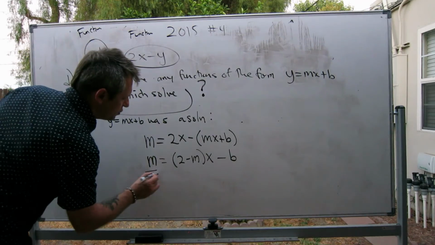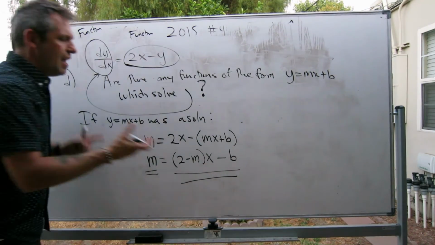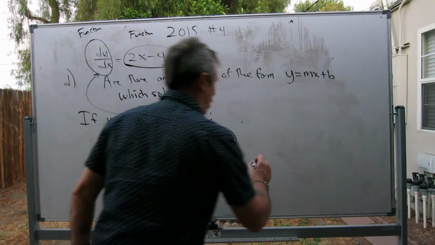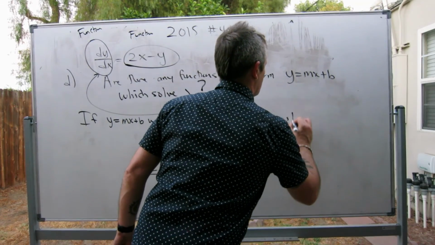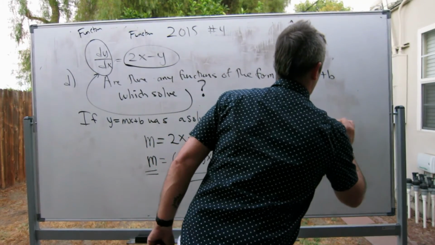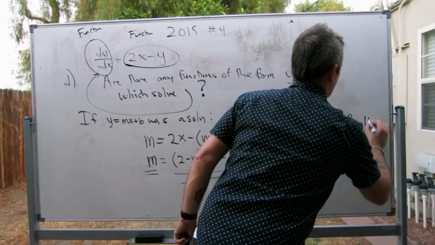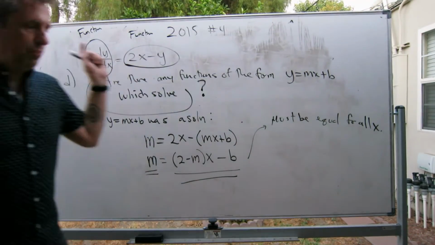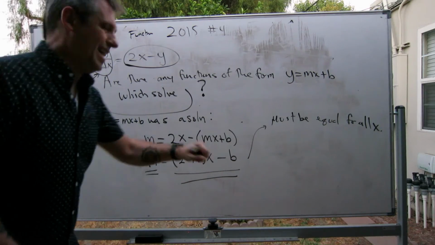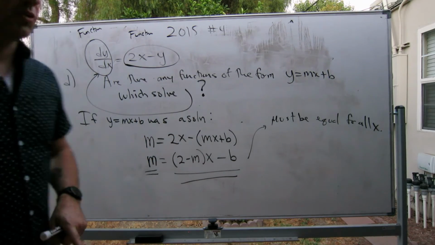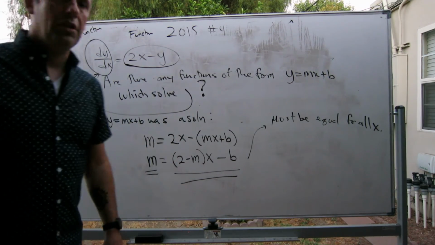So if these two things are going to be functions, they have to be equal for all x. So when I plug in x equals 2, this has to be true. When I plug in x equals -1, this has to be true.